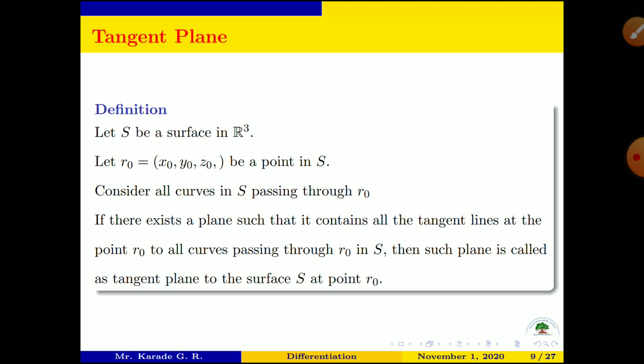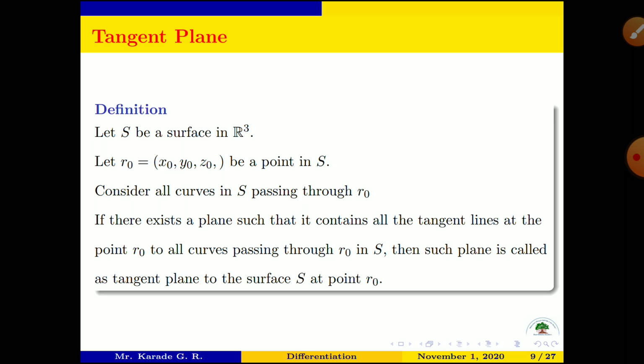The concept of tangent plane is very simple. If S is a surface in R3, suppose the surface is a sphere and R0 is a point on the surface of the sphere, then the plane which is tangent to that surface at point R0 is called a tangent plane.